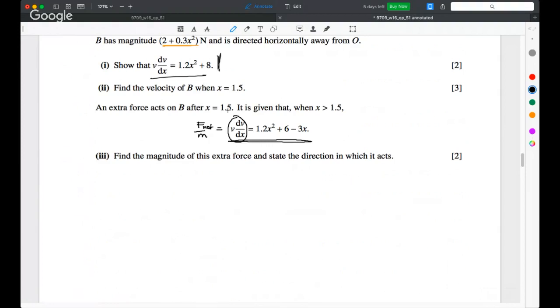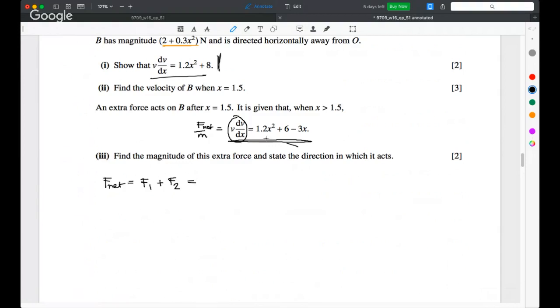After this x is equal to 1.5 point, when there is the additional force, this is what happens. So we say F net is equal to, let's say, the first force that we had before, plus this new force.